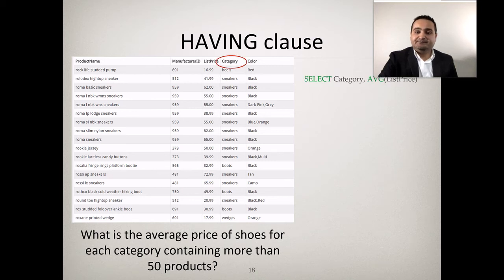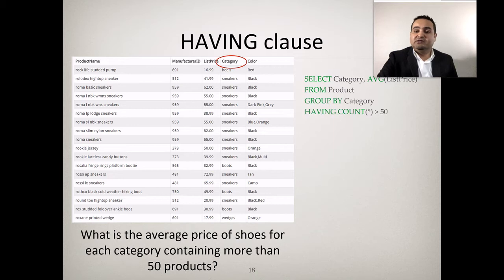So I will say select category, then average list price from product, group by category, having, and then more than 50 products. Actually, then having, I can use count, and then asterisk in parentheses greater than 50.